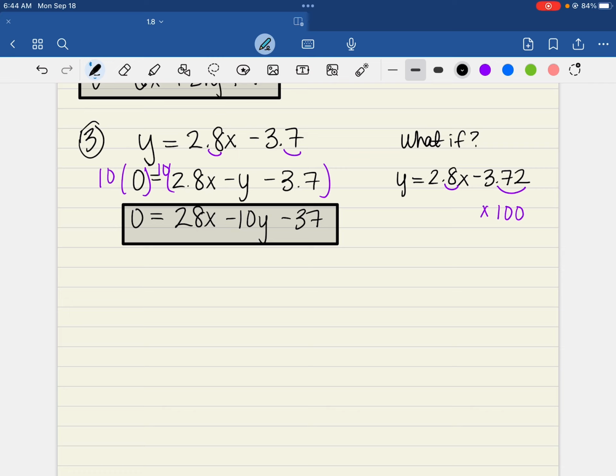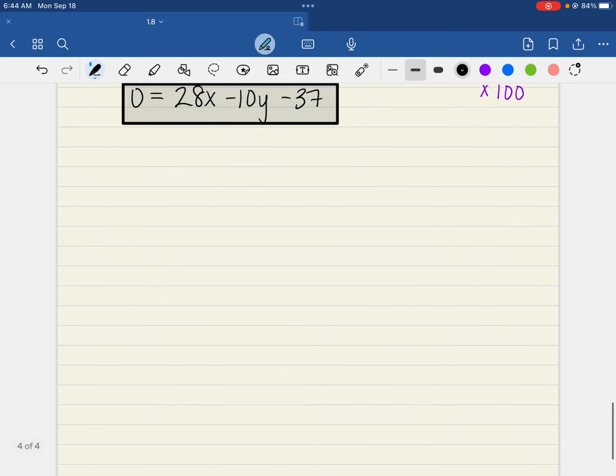Okay, the next skill we're going to talk about is combining our skills of slope-intercept form and IB standard form.